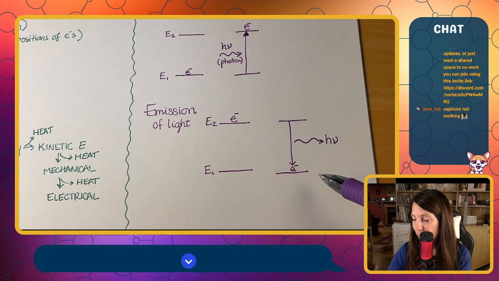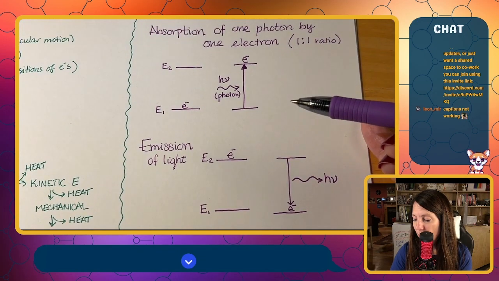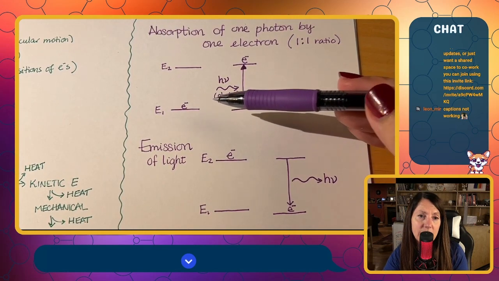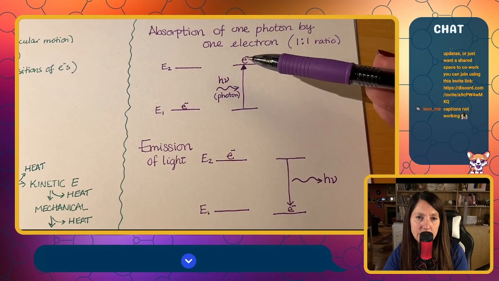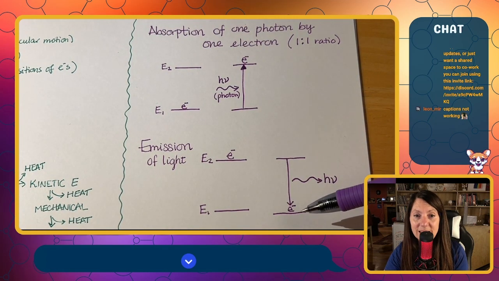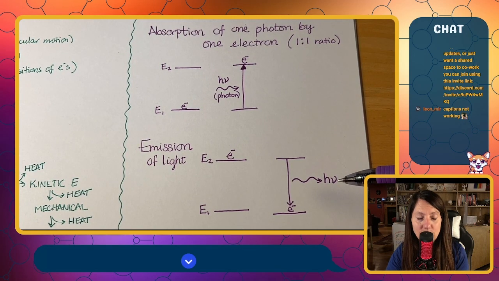Okay, so these usually go hand in hand because you have an electron, it gets hit by a photon, absorbs it, it's excited, and then it immediately can drop back down and it can then emit that same frequency of light. Okay.